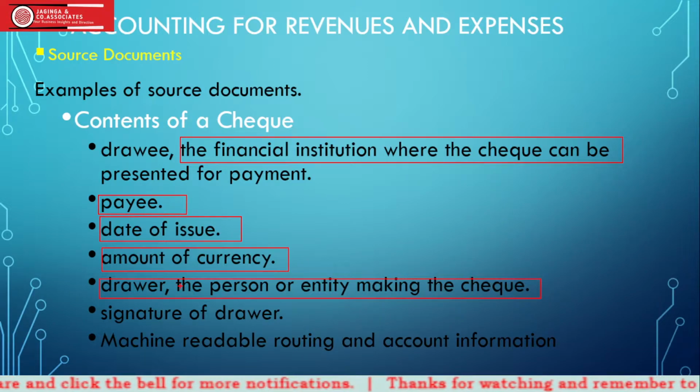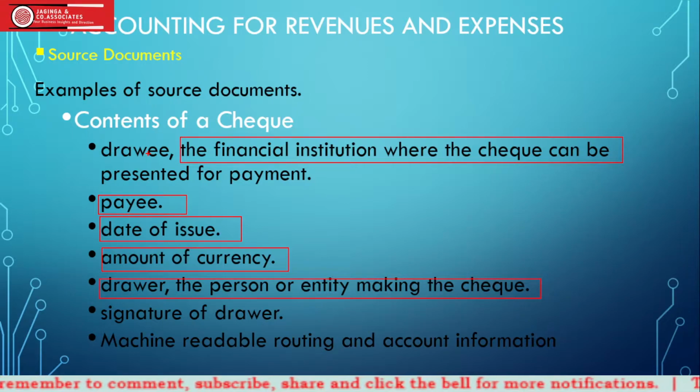So Standard Chartered Bank can pay you, or I, as the holder of the account at Standard Chartered Bank, can write you a check. So I'm the drawer. So the check is coming from the drawer, and the check is going to the drawee.